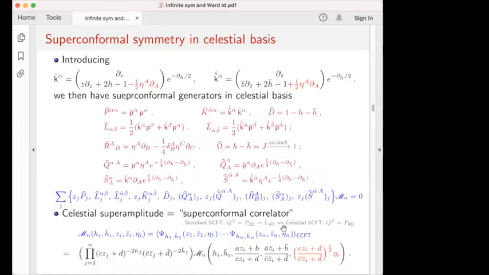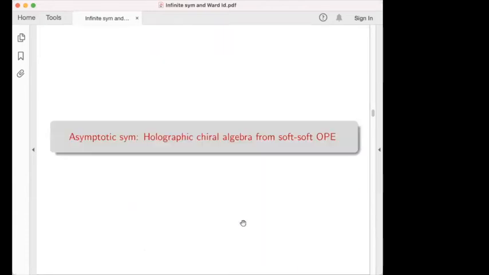But for superconformal symmetry here, the supersymmetry is induced from the bulk, which is the square root of translation. So this is the difference between this celestial superconformal symmetry and the standard superconformal symmetry, and why I use the quotation marks here. But nevertheless, it's kind of a correlator. So this finishes the global symmetry. Now I'm going to talk about asymptotic symmetry.